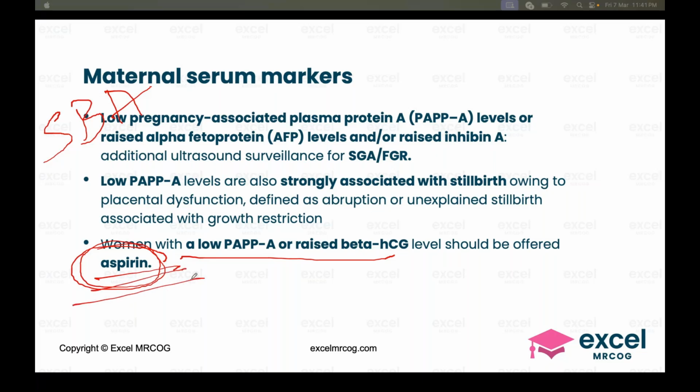NICE guidelines indications for aspirin are the fixed indications, but the SGA guideline mentions this additionally that whenever there is evidence of placental insufficiency, whatever it may be, you could start aspirin. Okay. So low PAPP-A, high beta HCG may mean there is a problem with the placenta. So you could start aspirin. Important.